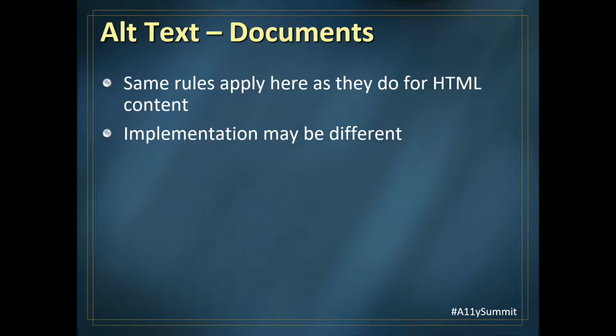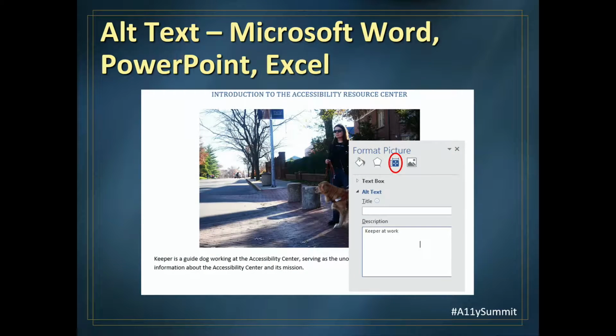Okay, now we're going to move on to documents and social media as it relates to alt text. So document development: Excel, Word, PowerPoint, any others of those kinds of tools. The same rules are going to apply here. The implementation is just going to be a little bit different than how it works on the web. For example, in my screenshot here, this is for Microsoft Word 2016.